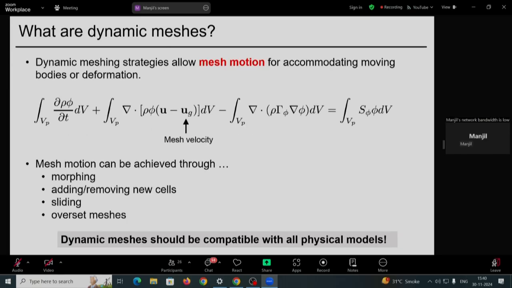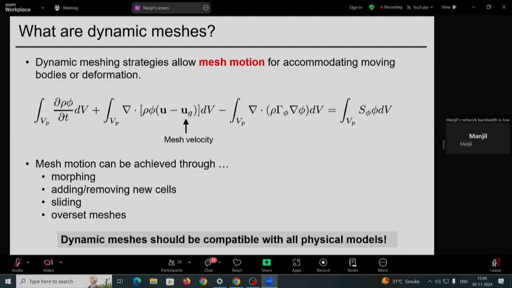So what is dynamic mesh? Dynamic meshes are the capability of the mesh to change during the simulation time. Anything that allows mesh motion or change of mesh, that might be either deformation of mesh, movement of mesh, or dividing of mesh into smaller parts, comes under dynamic meshing.